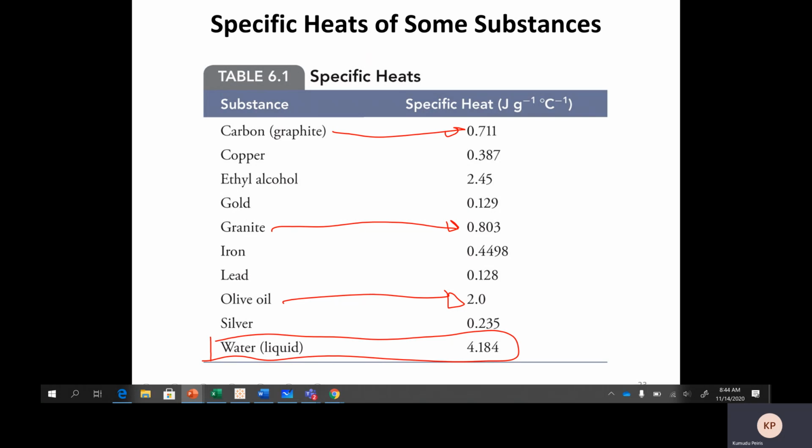So just think about a big lake. How much heat energy will be required to increase its temperature or cool its temperature? So to lower its temperature, a lot of energy will be released or absorbed during those processes.